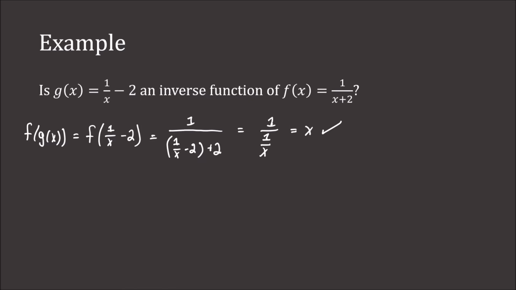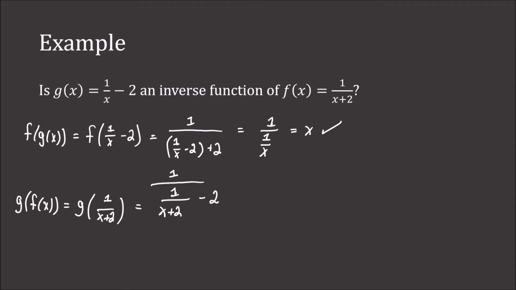We now have to check if g of f of x gives us x. So this is g of 1 over (x plus 2). So we get 1 over (1 over (x plus 2)) and then minus 2. I'm sorry, it's 1 over (x plus 2) and then minus 2.